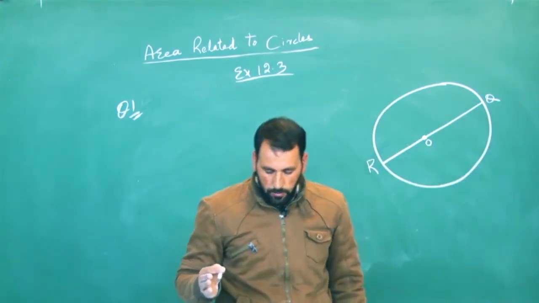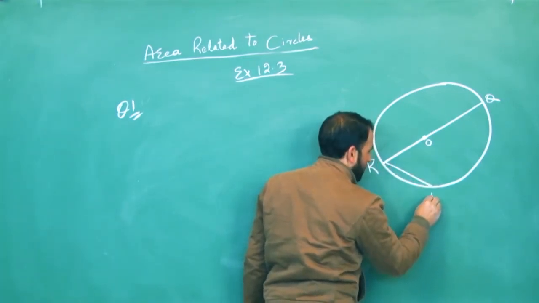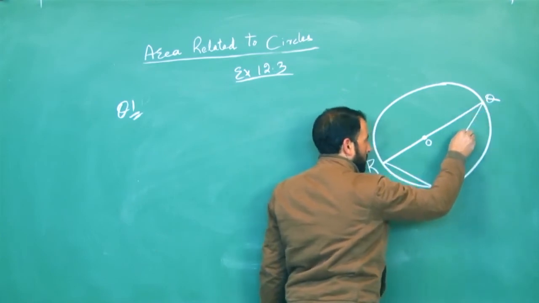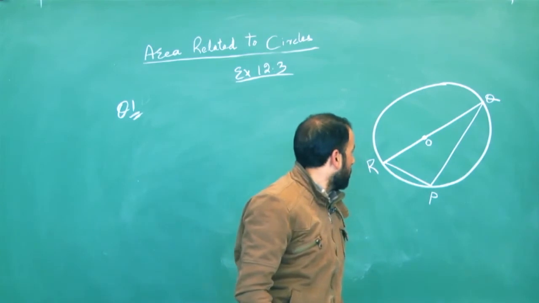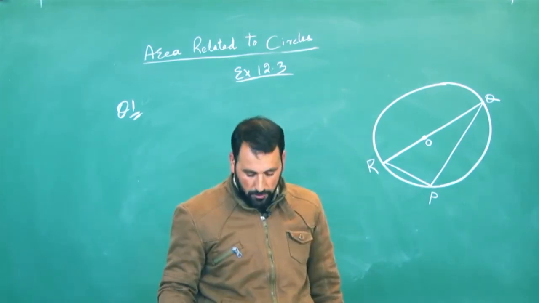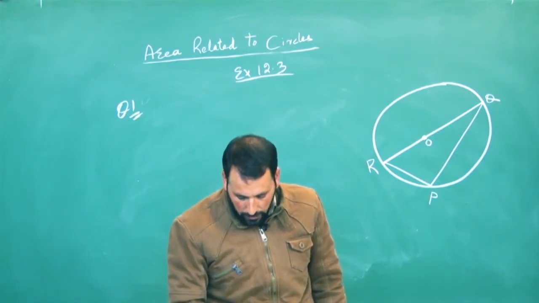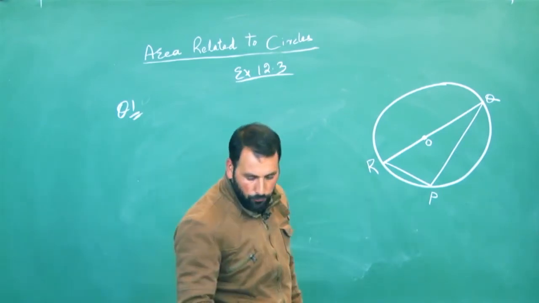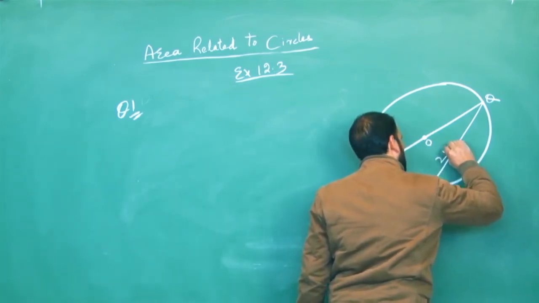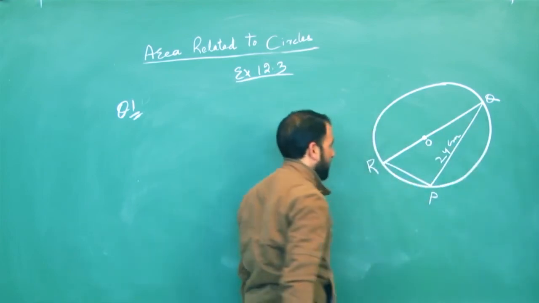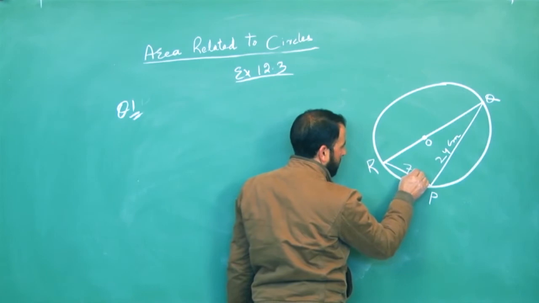And here is another point, this point is P. So QP, RQ and RP form a triangle, RPQ is a triangle here. It is given PQ equals 24 centimeter, PQ is this one. PR or RP is equal to 7 centimeter.